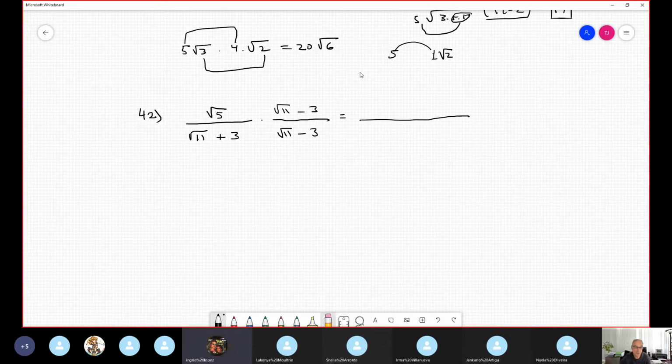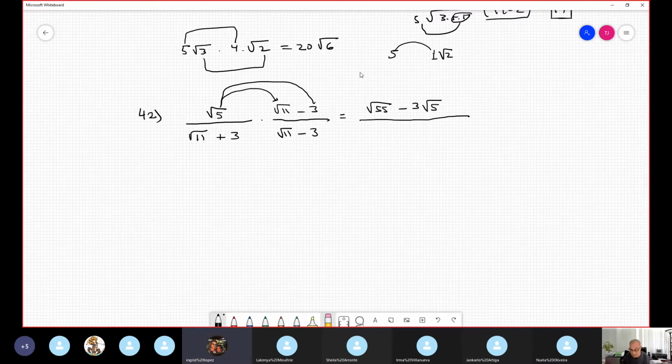And then we do the multiplying. Exactly. Okay. Multiply radical 5 times radical 11, and that is radical 55. And radical 5 multiplied by negative 3 is minus 3 times radical 5. Don't forget, please, that the number outside the radical has a higher category than the number inside. We cannot mix them.